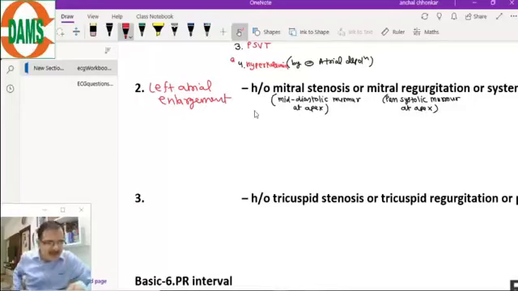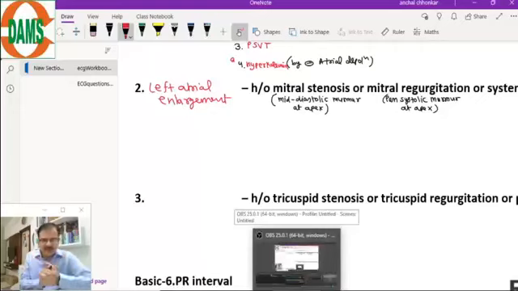This will be the differential diagnosis in your mind. Yes, it will be a left-sided lesion, so this will produce a left atrial enlargement. From the clinical history, we make a differential diagnosis of left atrial enlargement.